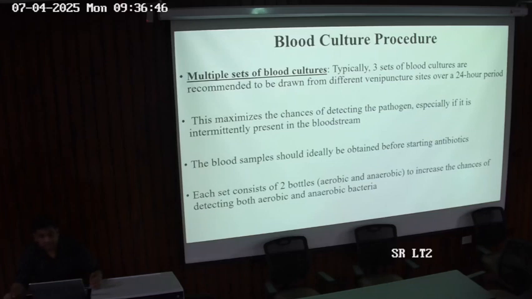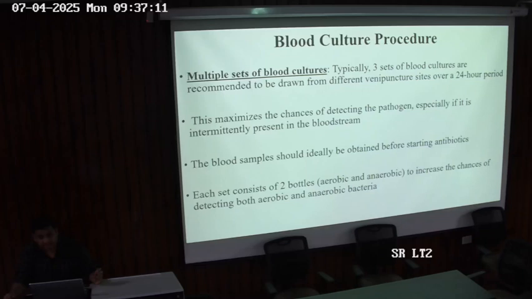How the blood culture sample is taken and how it is advised is an important aspect in infective endocarditis, because there is a chance of other organisms contaminating the sample. So it should be in sterile conditions.